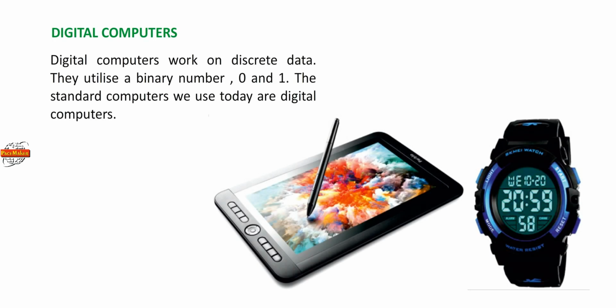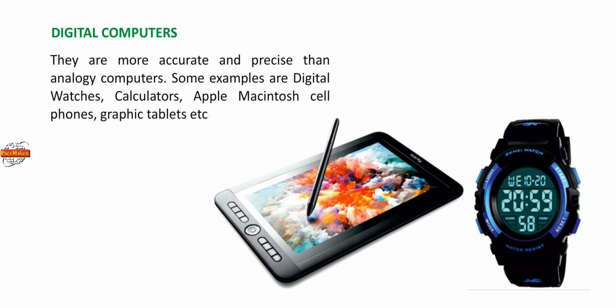Digital computers. Digital computers work on discrete data. They utilize the binary numbers 0 and 1. The standard computers we use today are digital computers as they are more accurate and precise than analog computers.